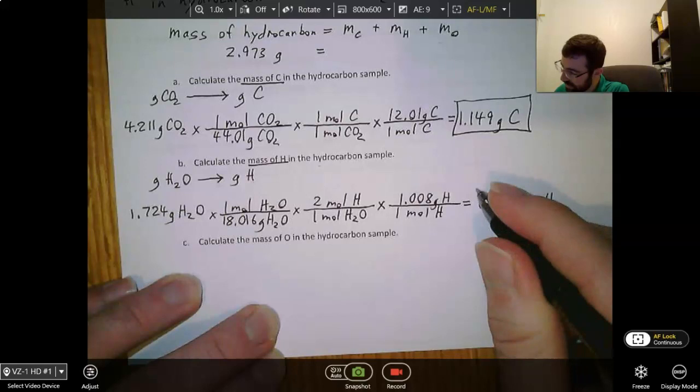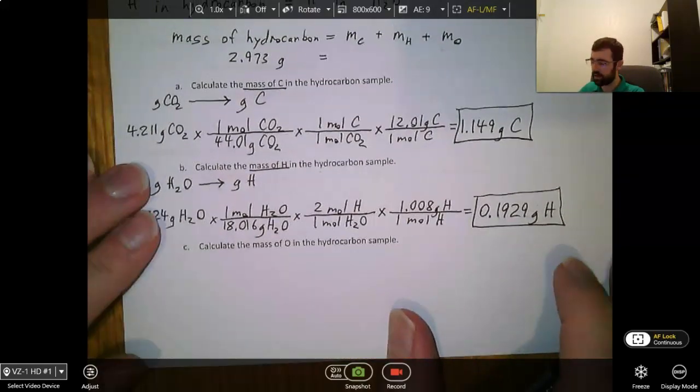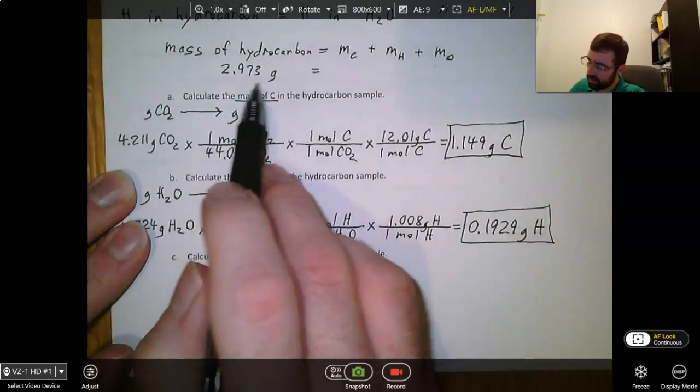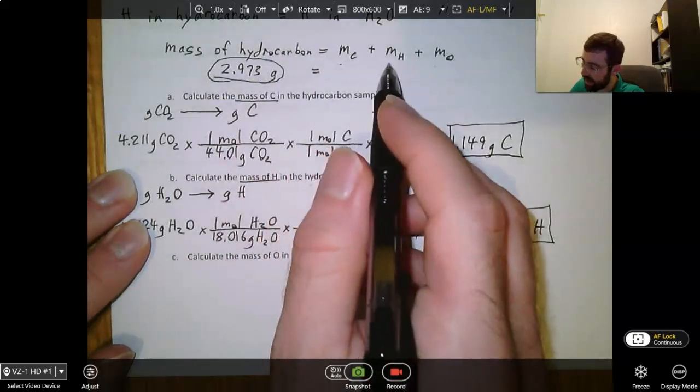All right, I have part A. I have part B. If you'll recall, for part C, the way we're going to figure it out is set this number right here equal to the masses added up.